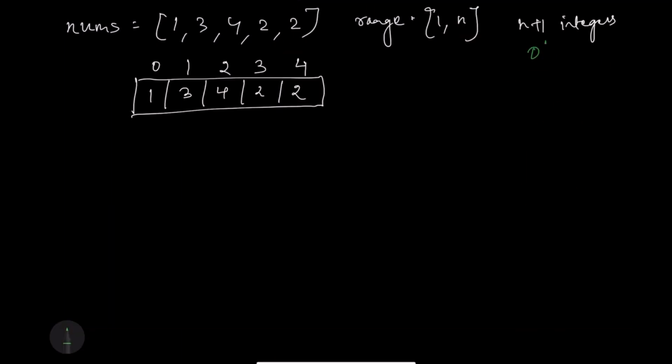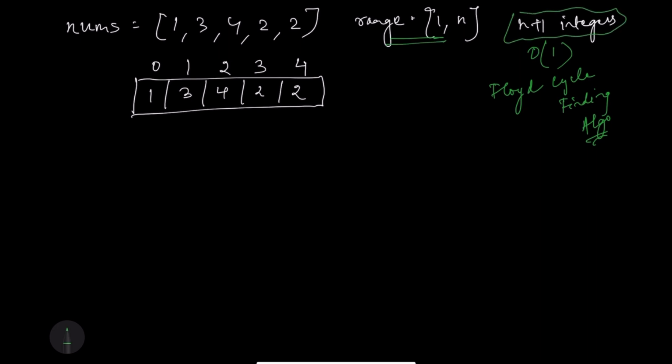To solve this problem with constant extra space, we can use Floyd's cycle finding algorithm. That is because we are given certain conditions. For example, our range is 1 to n while we have n plus 1 integers.